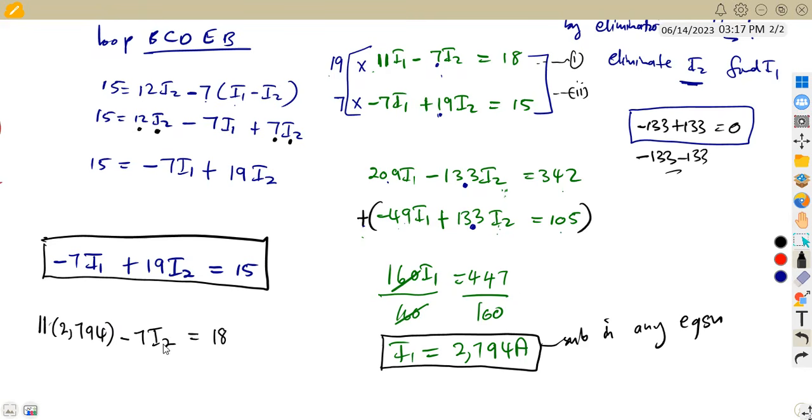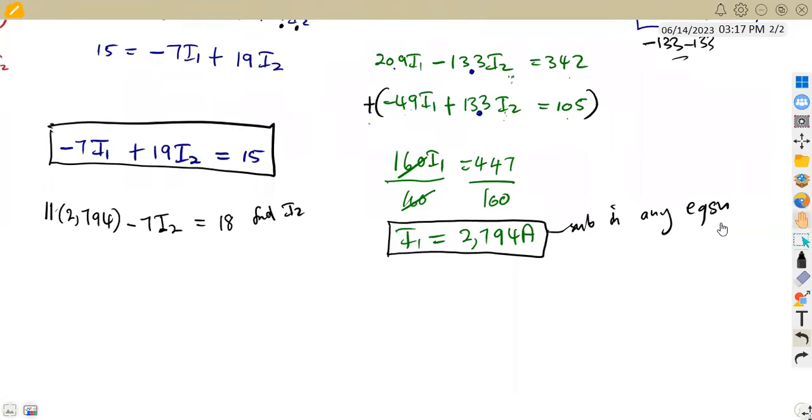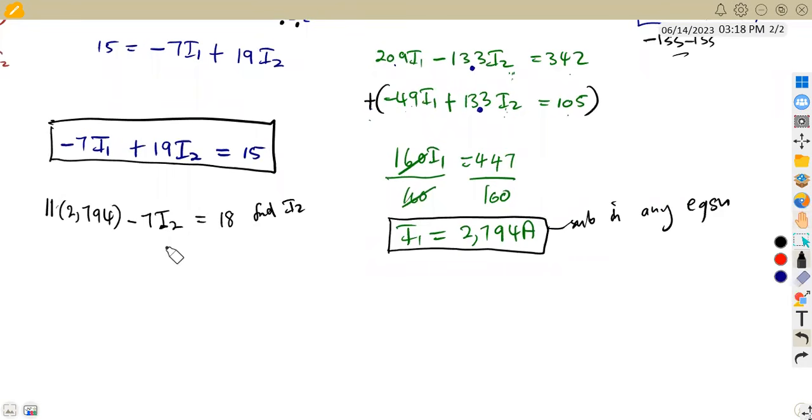By this, we are left with only I2, so we are going to find I2. If you multiply the first part, you're going to obtain something like 30.734 minus 7I2, which is equal to 18.